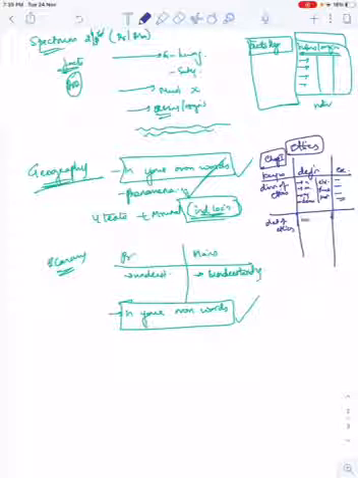Next, what are the determinants of ethics? Again, at individual level, at society level. At individual level, you have your conscience, you have religion, you have family, you have society. At social level, you have law, you have rules, regulations, you have constitution, all of these determining ethics. Examples. That is how you will finish ethics.